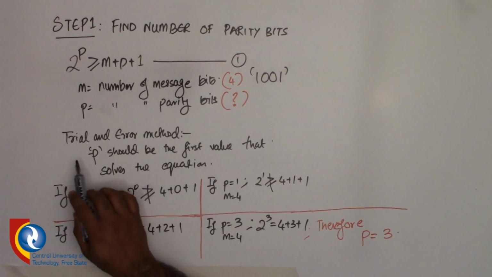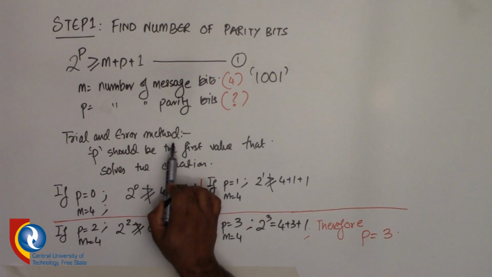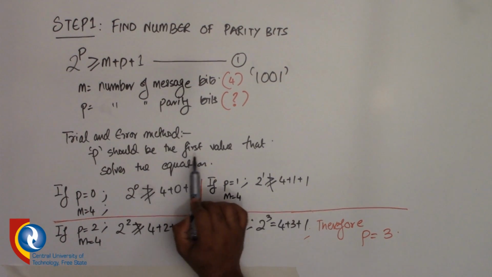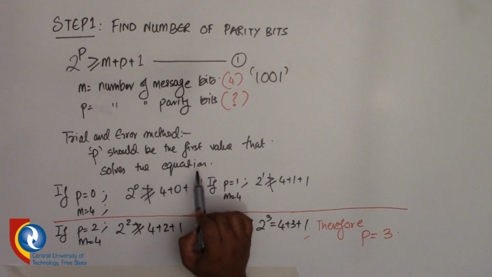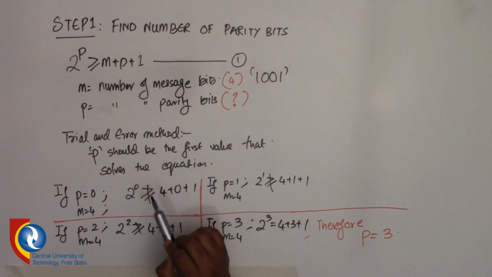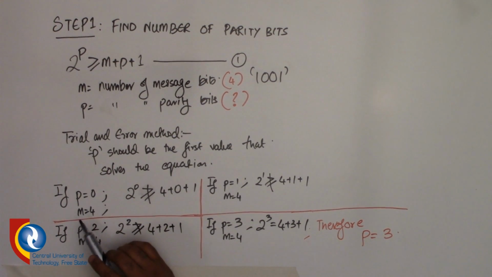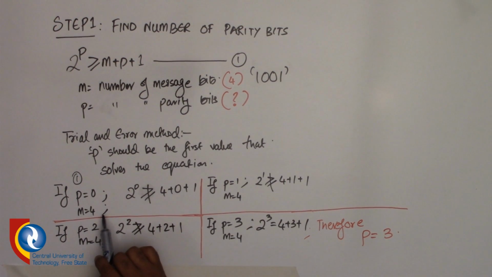So we're going to use a trial and error method to determine the value of p. And p should be the first value that solves the equation 2 raised to p must be greater than or equal to m plus p plus 1. So let's substitute values for p. As case 1, I'm going to say p is equal to 0 and m is equal to 4.